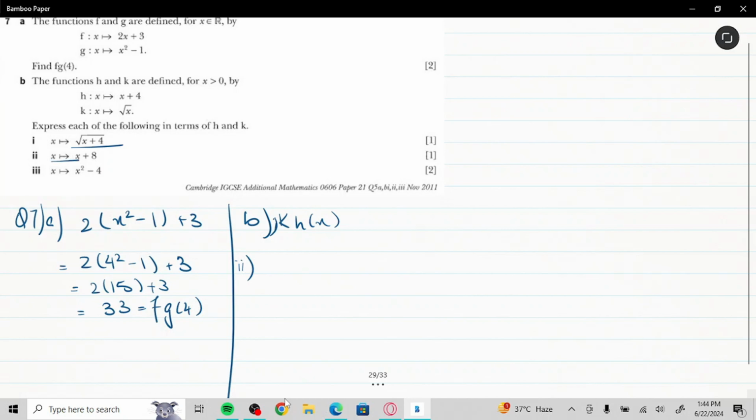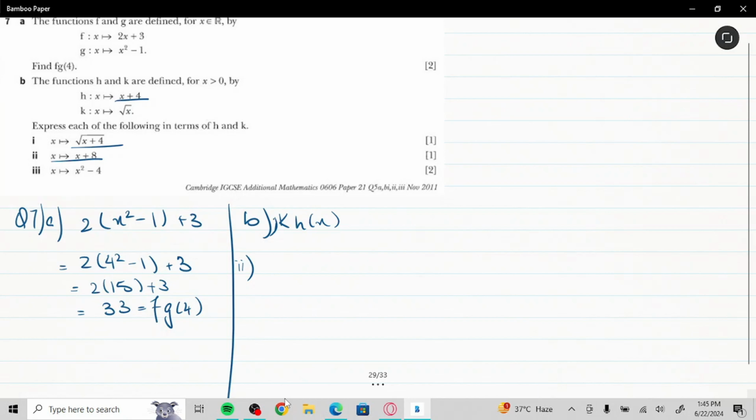And for 2, we have x plus a. And if you concentrate right now, we do not have any x plus a here or anything that would make x plus a. However, we may need some specifications. We may have an inverse of that function, or we may have a square of a function. And if you concentrate right here, we have x plus 4, meaning if we just guess, it is 8 and 4.